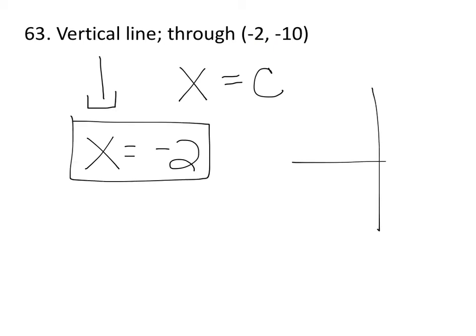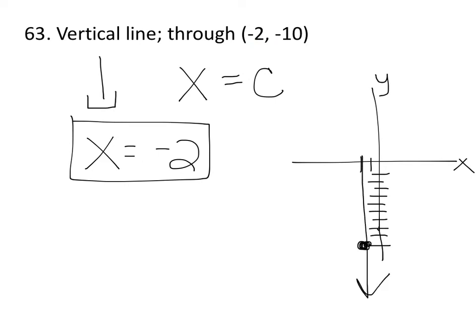Or you can plot the point negative 2, negative 10, which is right here, and then draw a vertical line through it, and then say, what is that graph? Well, it's x equals negative 2, and that's your equation of a line.